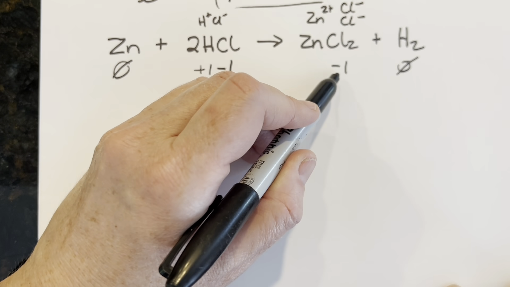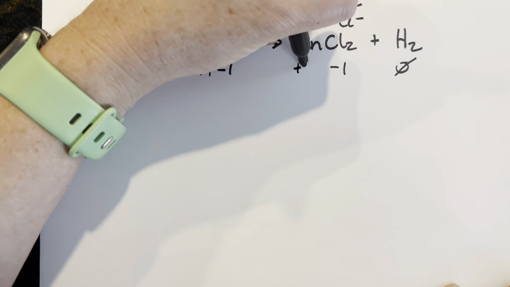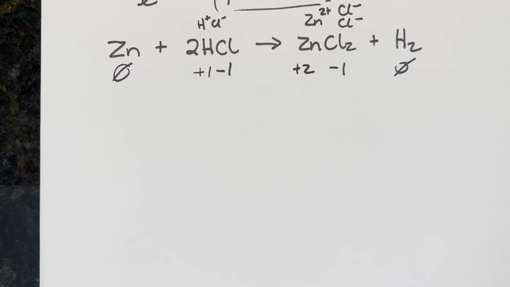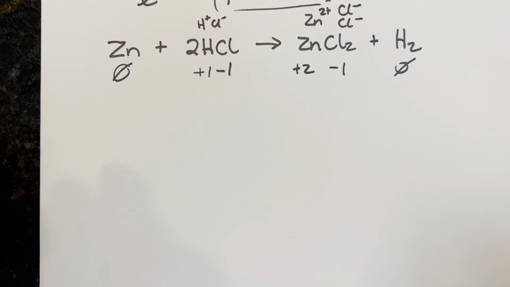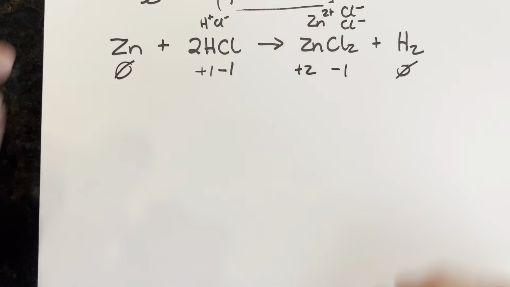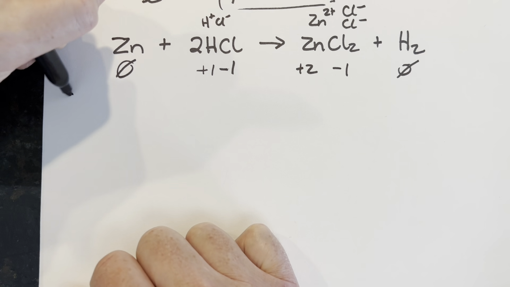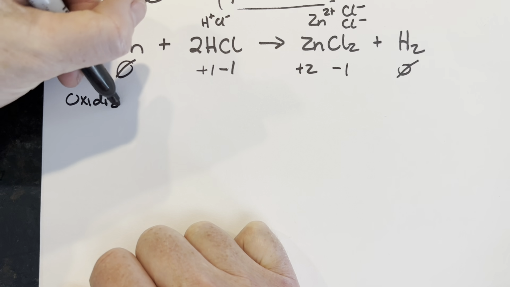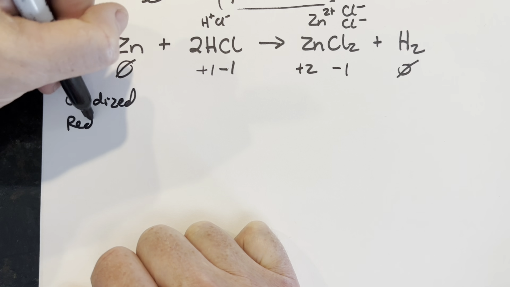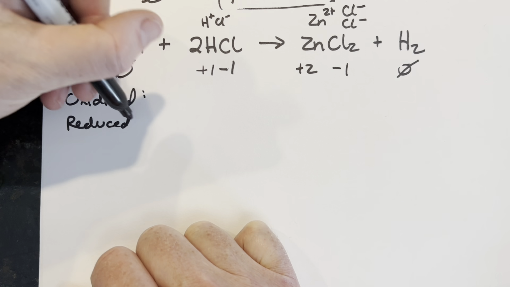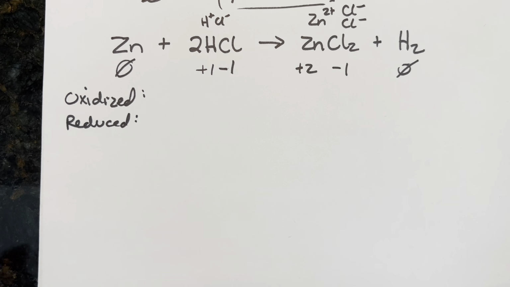So again, each chloride is -1, that zinc is a +2. All right, we have assigned oxidation numbers. Good job. The reason we're doing all of this is so we can find out what's oxidized and what's reduced.